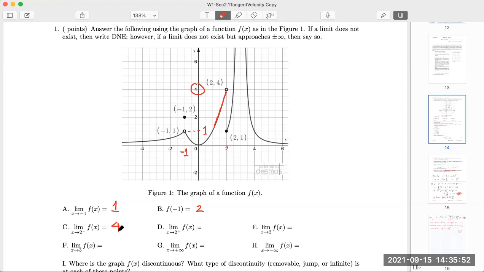How about if x comes closer and closer to 2 from the right-hand side? It follows this path, you see? It goes back to this point here at 1, right?